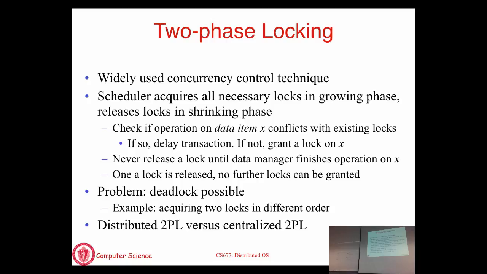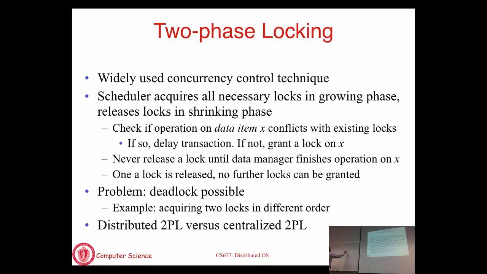Has anyone written code that gives you a deadlock? What's an easy way to get a deadlock? Not guaranteed, but easy. We want to construct an example for two-phase locking that will give us a deadlock.